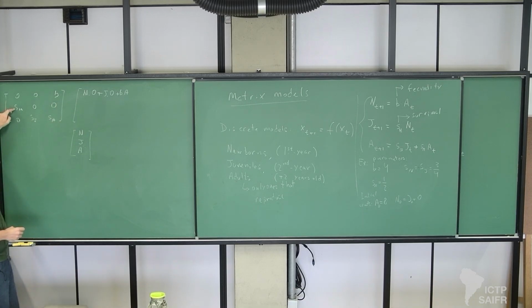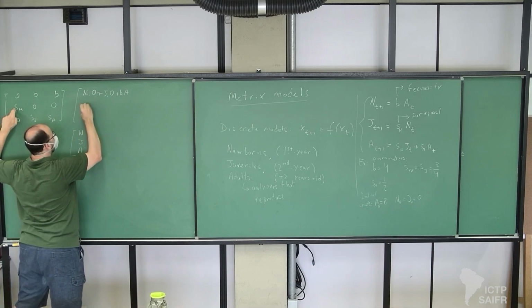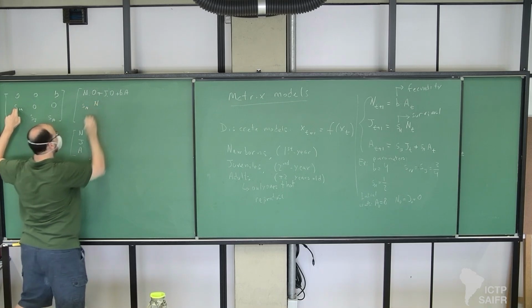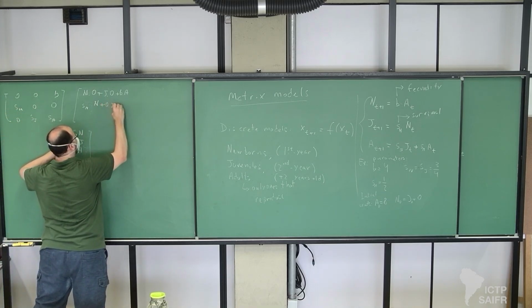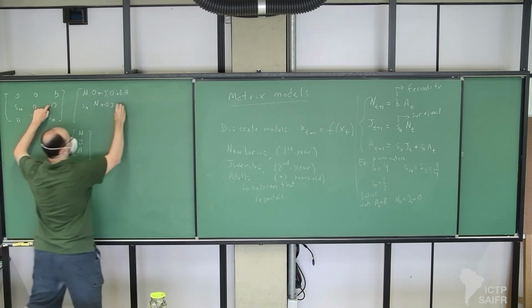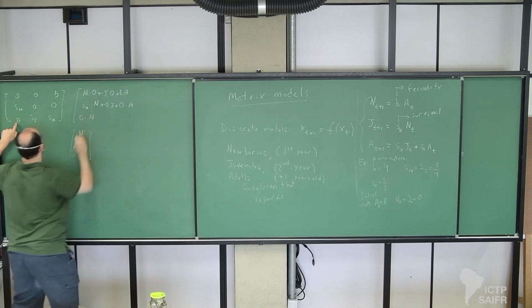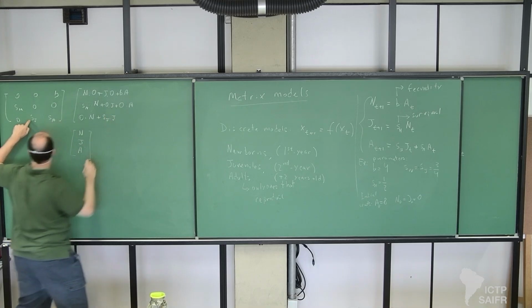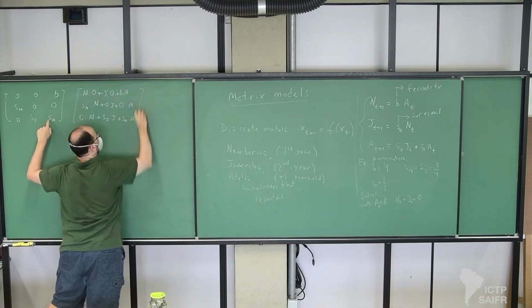I take the second line of this matrix with the first column of this, and I go Sn times n, plus 0 times j plus 0 times a. And then the third one, I go 0 times n, Sj times j, plus Sa times a. And this is the result.